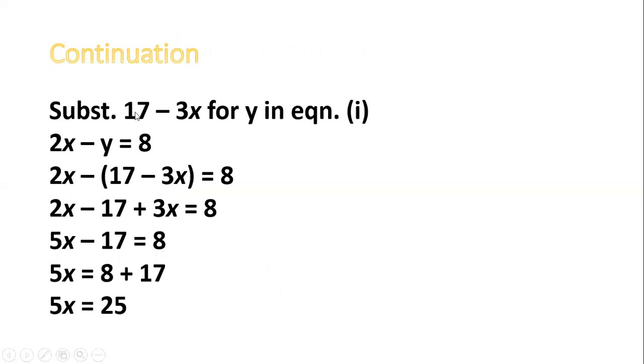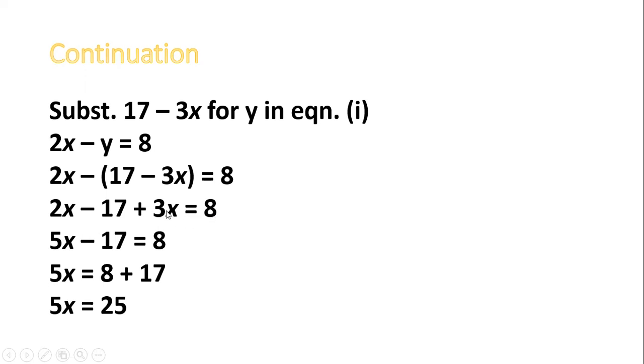Substitute 17 minus 3x for y in equation 1, and that will be 2x minus y equals 8. When I substitute for y, 17 minus 3x, minus y means minus 1y. So when I open the bracket, I'll be multiplying what is in the bracket by minus 1. So I have 2x minus 17 plus 3x equals 8.